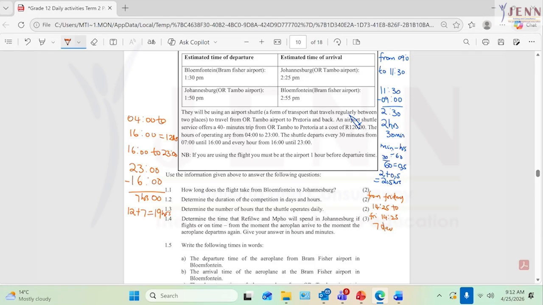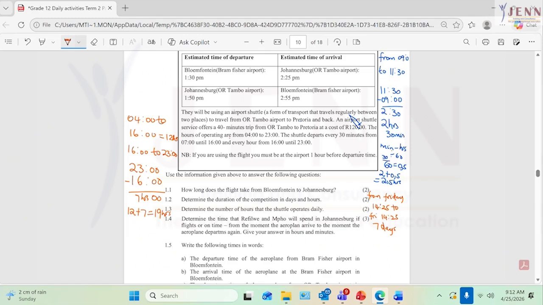Now remember, they left on Saturday at 10 to 2. So from Friday 25 past 2, they arrived on Friday, to Friday 25 past 2 is 7 full days.